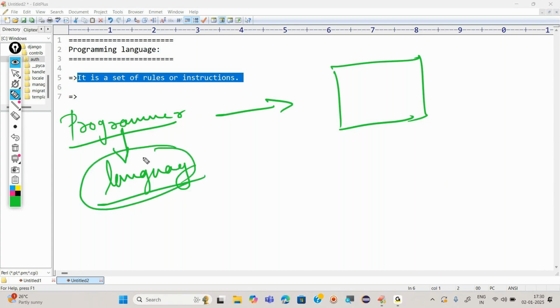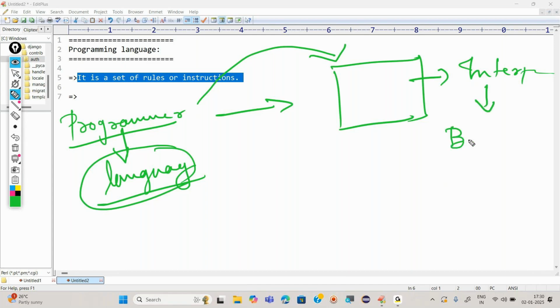This language should also be available in my system, so that it will interpret it and convert it into binary, because the system only knows the binary language. This programming language is given to the system.